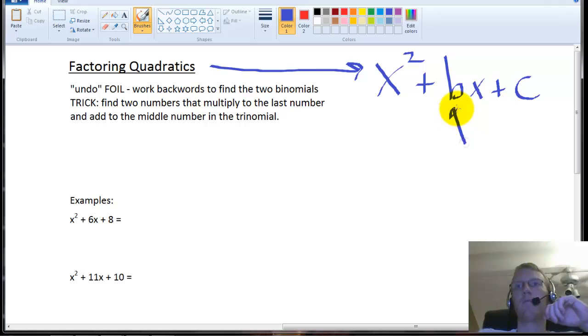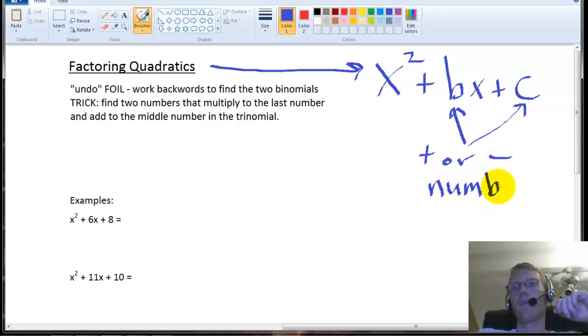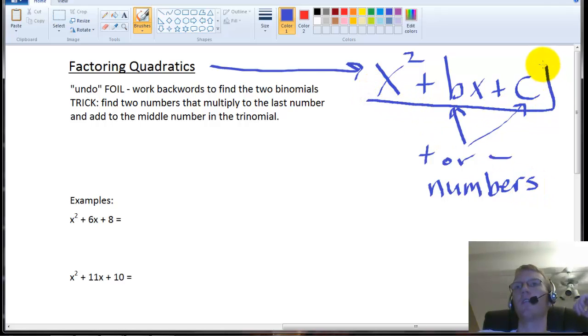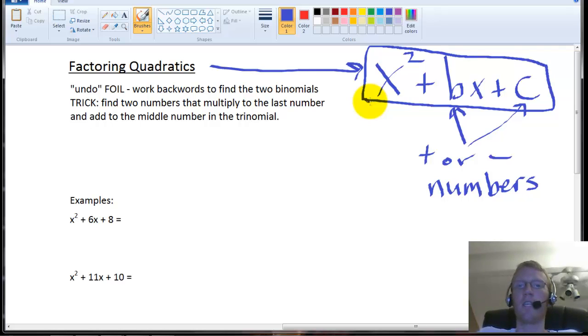So this b and this c are positive or negative numbers. Okay, and the way that you get a result that looks like this is typically through a FOIL problem: firsts, inners, outers, lasts. The two in the middle, the inners and the outers, they always combine together, as you saw in the previous examples, to give you some middle number here.